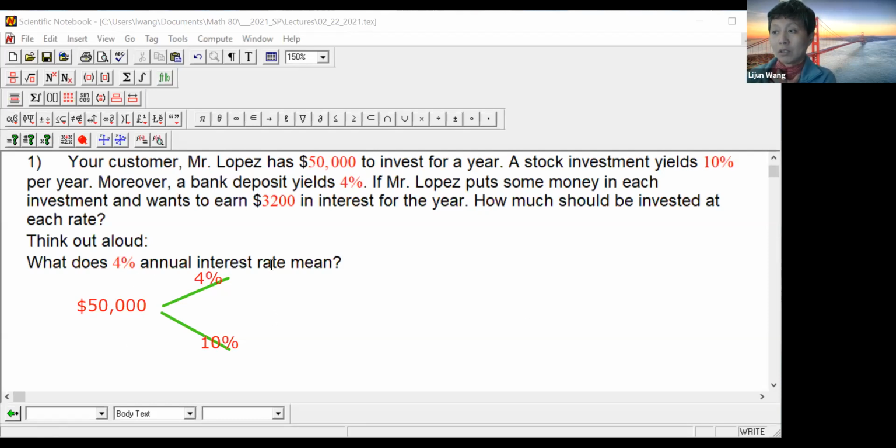Okay. So suppose that I'm going to put X dollars in the 4%. How much will be left for the 10%?